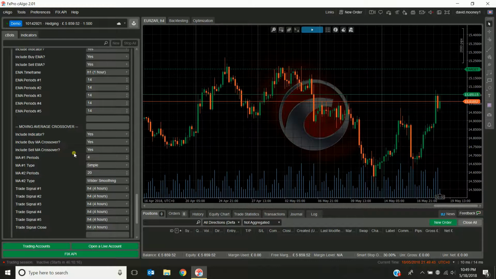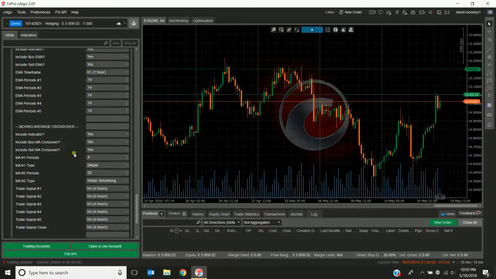Moving down the list, there are 2 more yes or no parameters asking whether you would like to include trade execution in both directions on MA, or only buy or only sell. So you would yes or no those, and of course you can mix between the two, down to your preference.